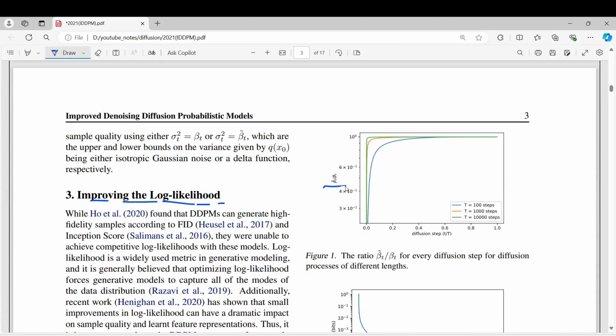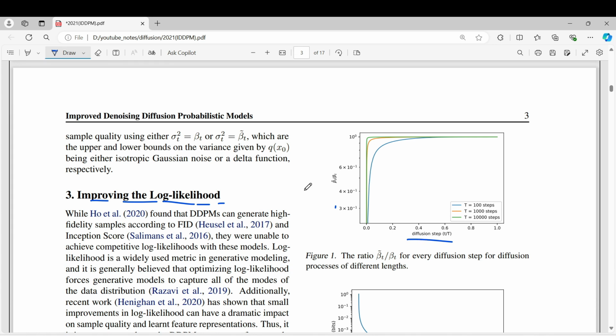So beta tilde is the posterior quantity, and beta t is the forward quantity. So if I erase it, this is a graph on the diffusion step, and this ratio they have given.